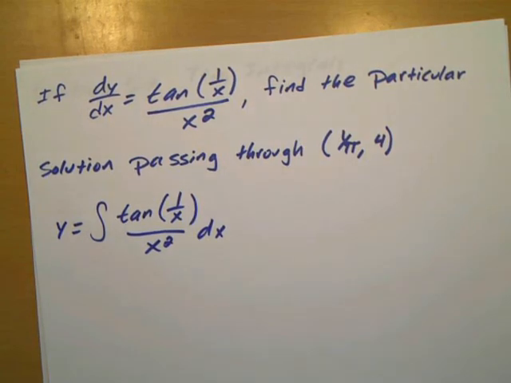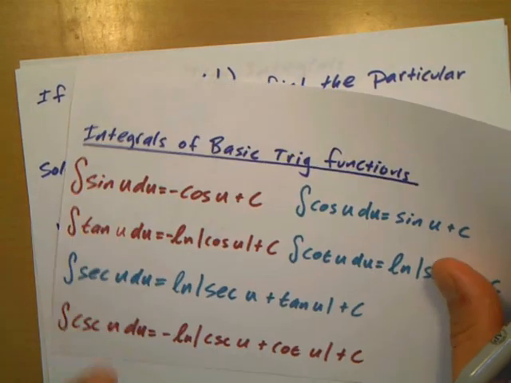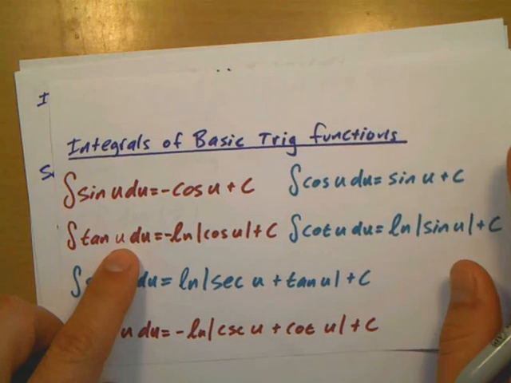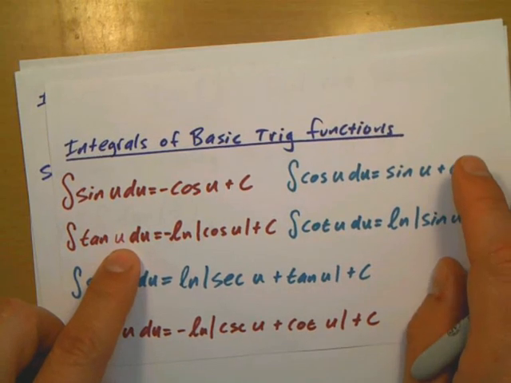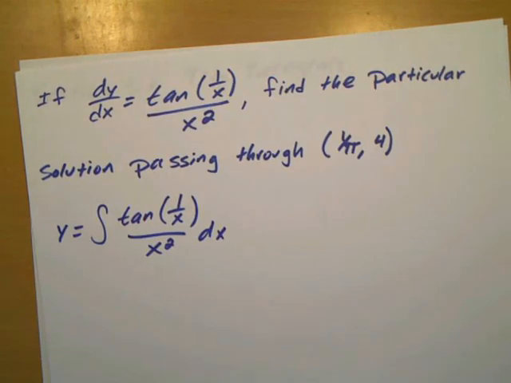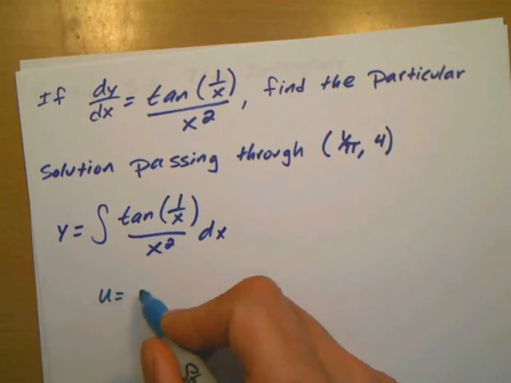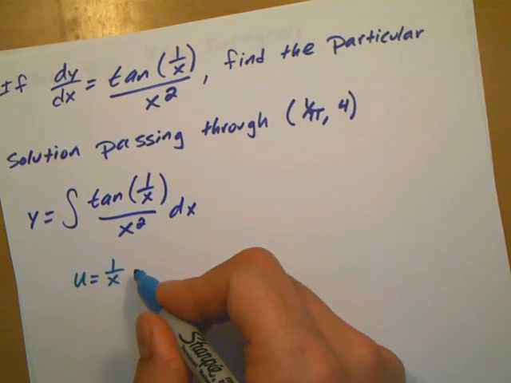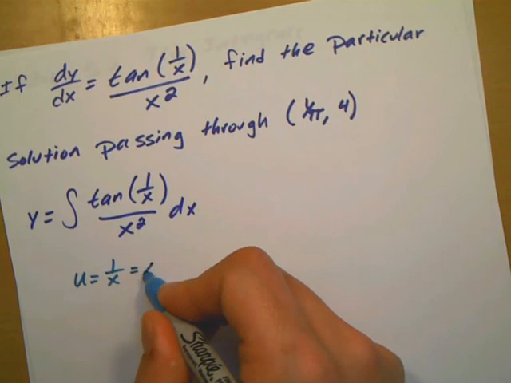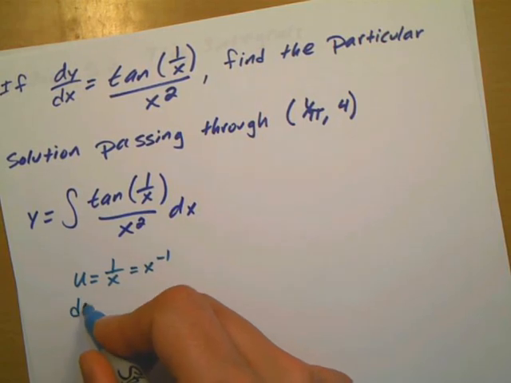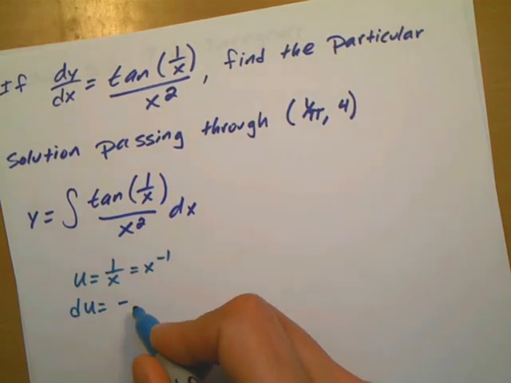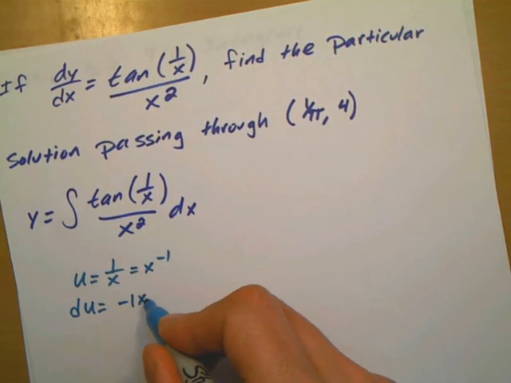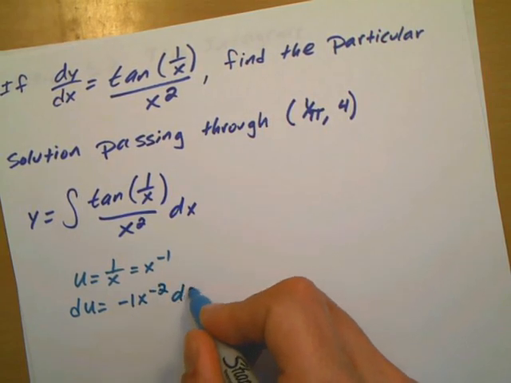So notice my tangent rule is kind of set up for a u sub. I want to let u equal the inside part, and it may not be obvious as to how this is going to match up, but 1 over x, if you write this as x to the negative 1, the derivative of that is going to be, by the power rule, negative 1 x to the negative 2 dx.